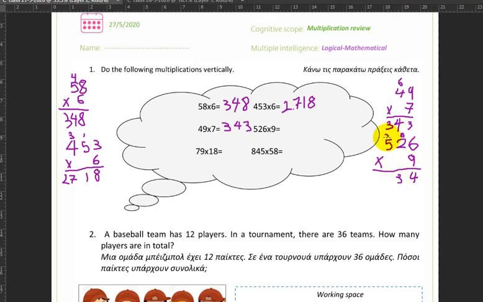I write 3 and carry 2. 9 times 5 makes 45, plus 2 that I carried over makes 47. So my result is 4,734.